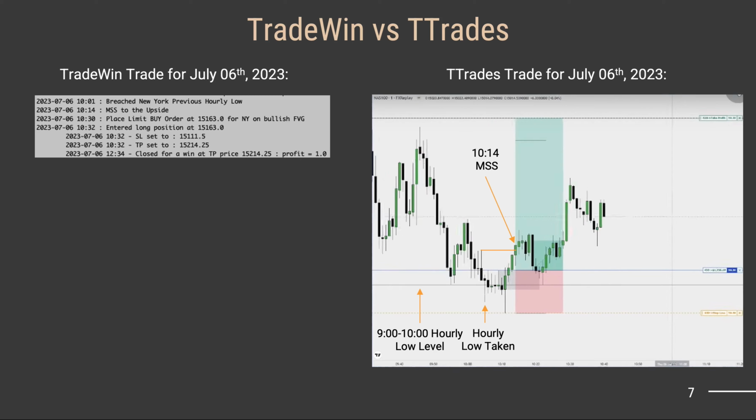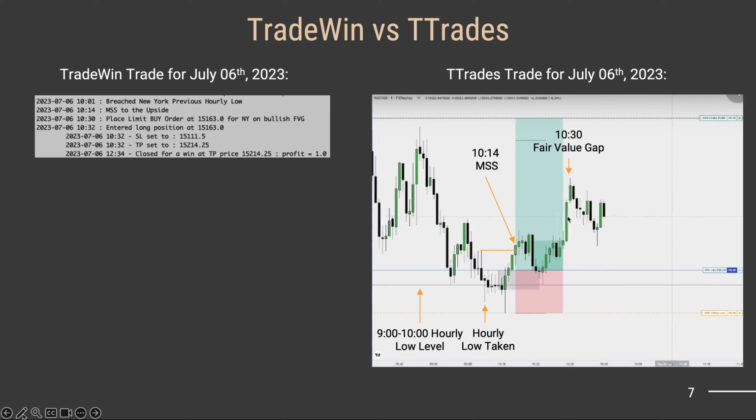Now, as the trading plan says, we need to wait for a fair value gap to the upside to enter the trade. The thing is that during all those 1 minute candles, we do not have any bullish fair value gap. So we are just waiting, this is fine. And finally, we are placing a trade, you can see at 10:30.